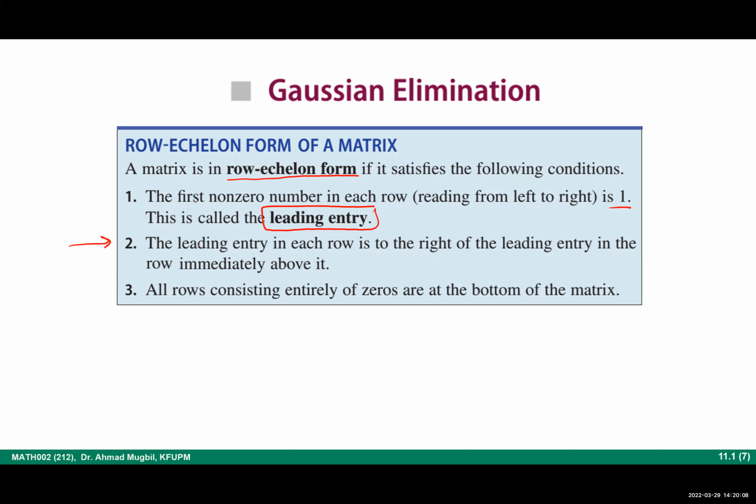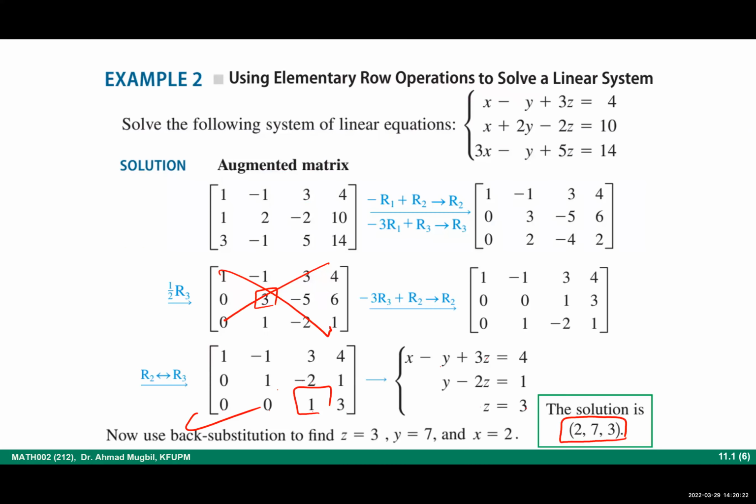The second condition: the leading entry, which is the 1, in each row is to the right of the leading entry of the row immediately above it. Look here, the 1 in the second row is to the right of the 1 in the first row, right? Also in the third, it is to the right. So it is ordered this way.